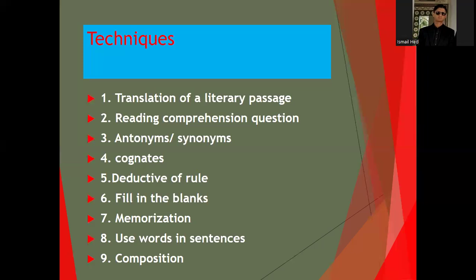Deductive rules are used. The deductive method of inquiry is utilized for learning. Rules, fill in the blanks is mostly practiced in this method. Memorization is used. Use words in sentences is also used as a technique, and composition passages are given in this particular method.